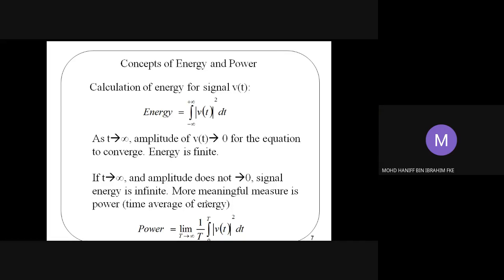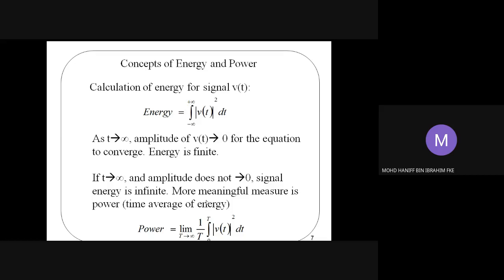For this type of signal, we can deduce that the energy, since the amplitude is converging to 0, is finite. This means that we can calculate the energy for this particular signal.